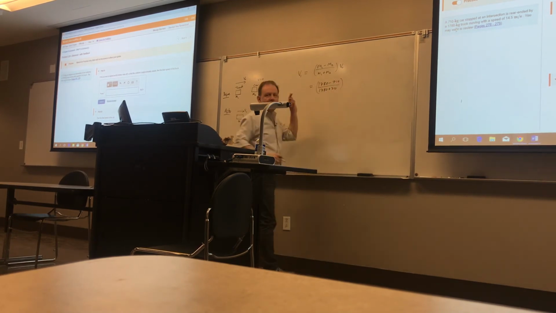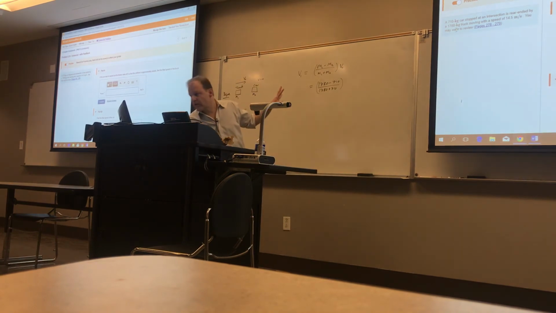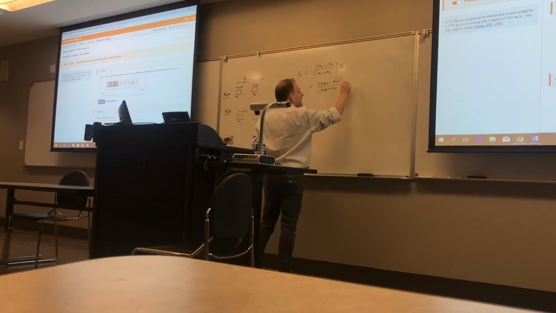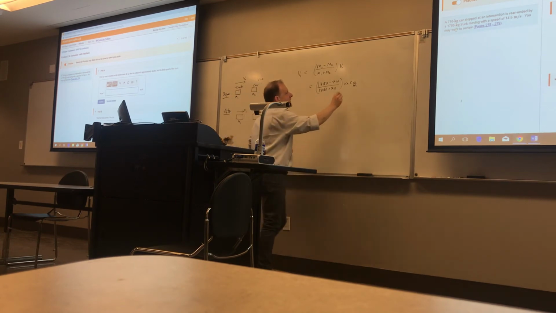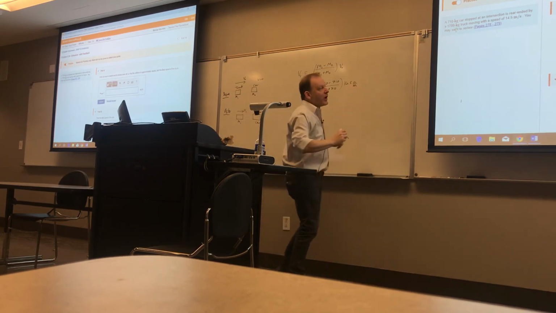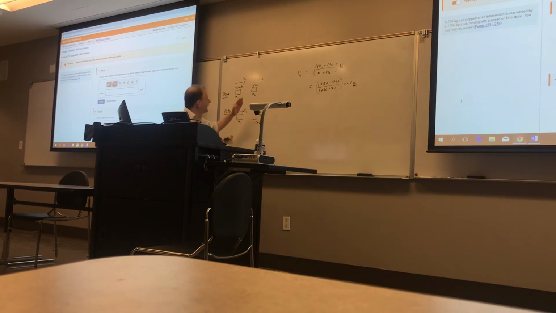Yes. That's essentially like a ratio, and we're going to multiply that by 14.5 meters per second. I didn't bother to write kilograms because we got kilograms divided by kilograms. So what does that all become? Wait, I thought V naught was 0. Well, no, the car is 0. I'm calling V naught the speed of the truck.